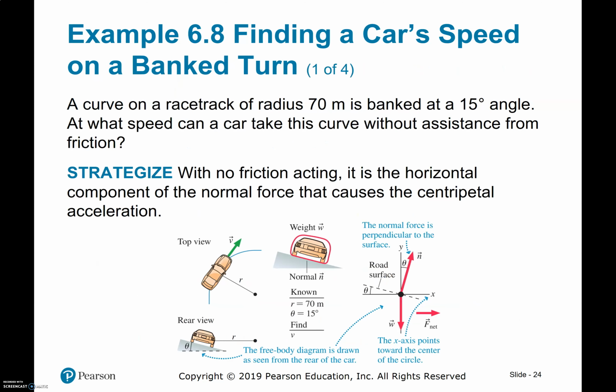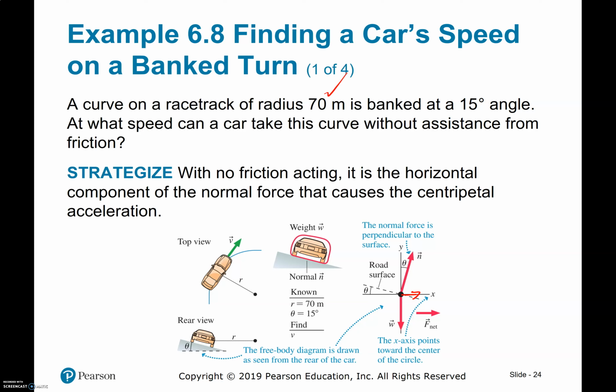So you can change these and then add a banking. So you can have a bank curve. So in that case, now the centripetal force is going to be given by this component of the normal force. That's what is going to keep the car in place. So let's look at this example. So this is a racetrack.